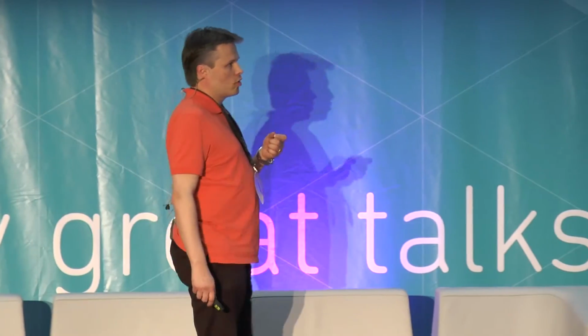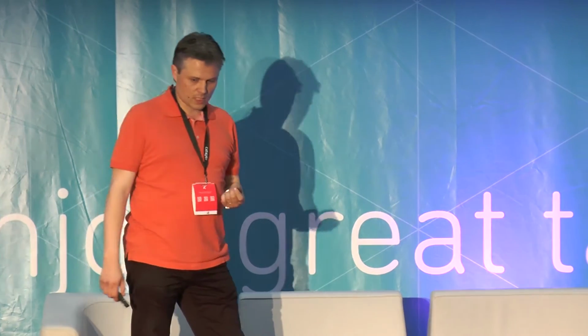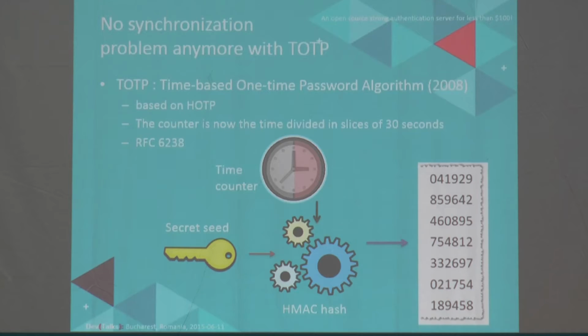But it's not very useful, because when you want to use one token to connect on several websites or at several places, you can become desynchronized. So that's why they said, okay, we will also do something with a time-based system. For the time-based system, we decided to do exactly the same as for the event-based system.